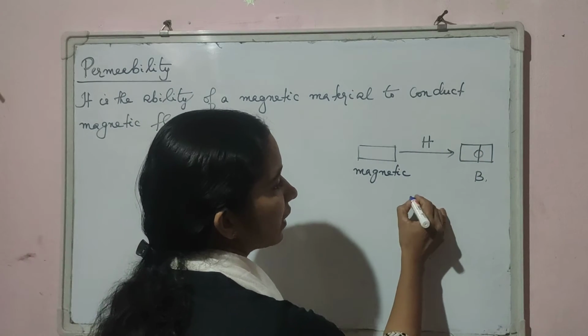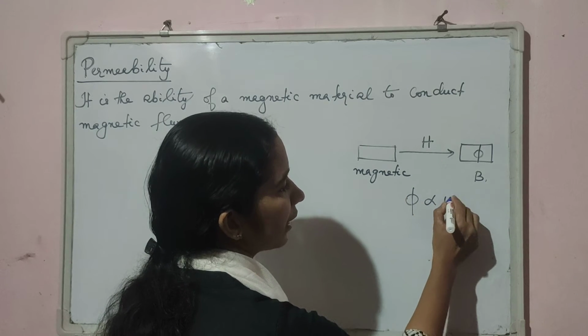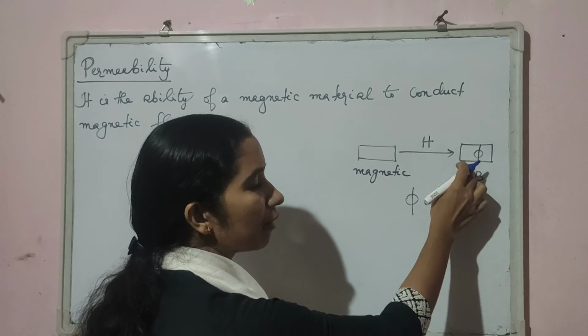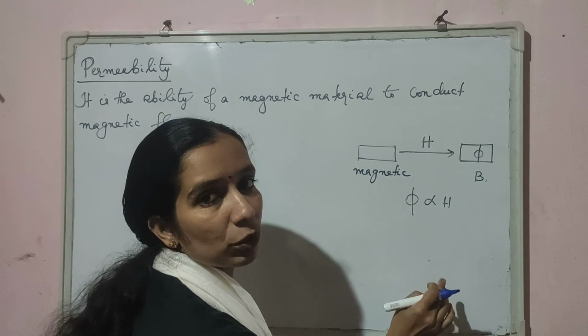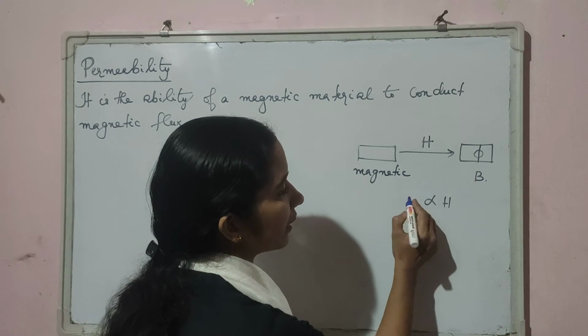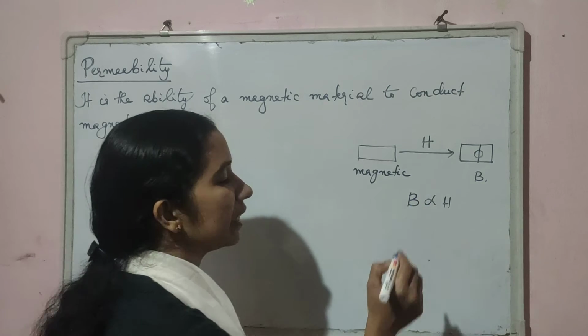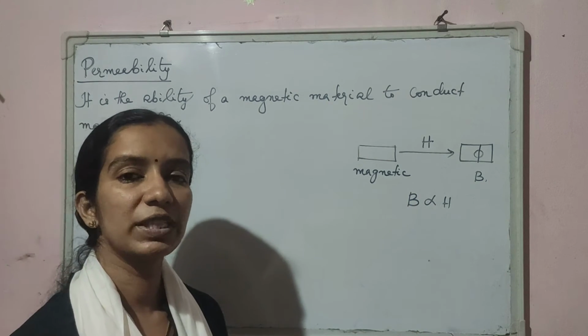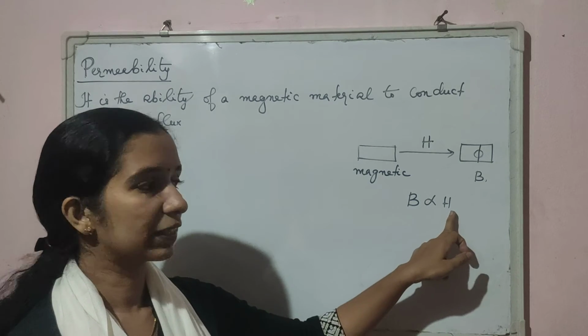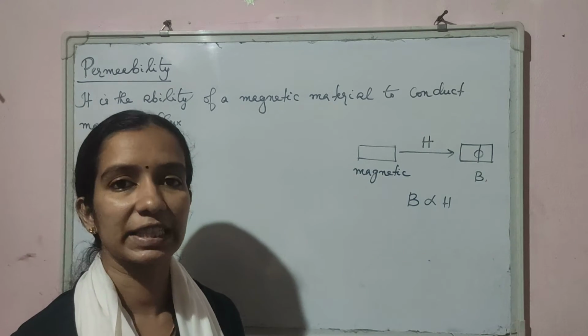So we can write phi is proportional to H, and if flux is proportional to H, flux density will also be proportional to H. So the flux density in a material will be proportional to the magnetizing force H, the force with which it is getting magnetized.